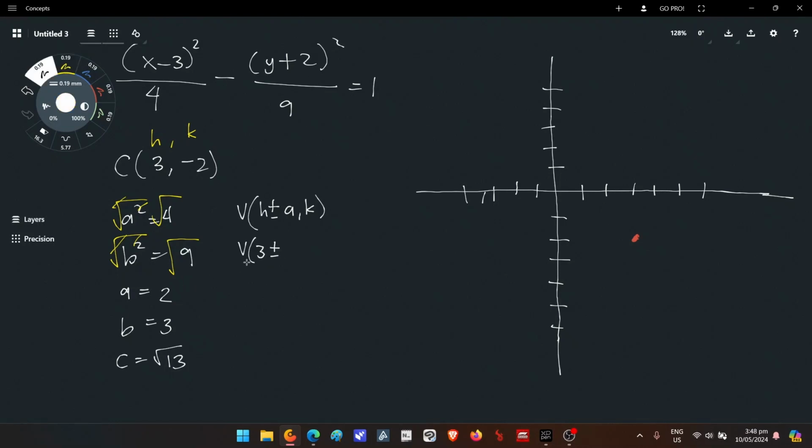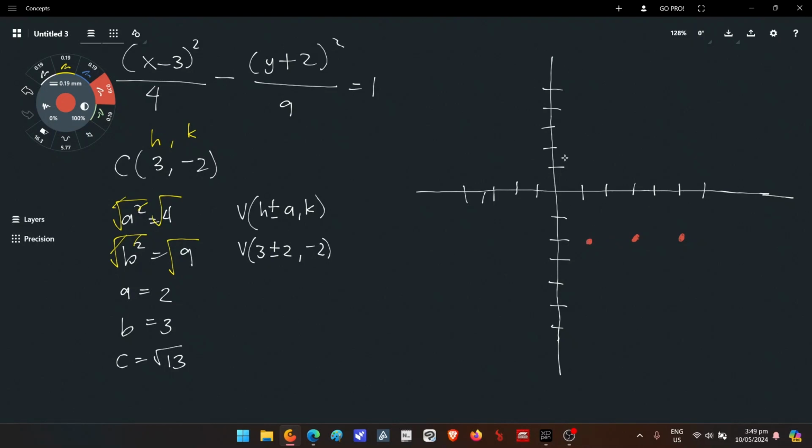So 3 plus or minus our a, which is 2, comma, k is negative 2. If we graph it, 3 plus 2 is 5. So 1, 2, 3, 4, 5, and then down 1, 2. So this is our first vertex. And then 3 minus 2 is 1, so this 1, then down 1, 2. So this is our other vertex.